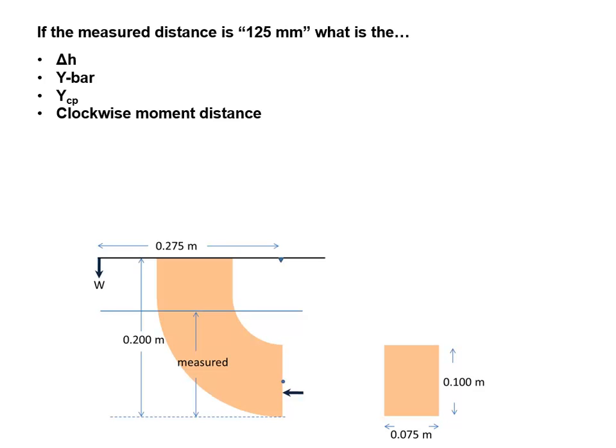The magnitude of the force we calculate by P bar A, which is delta H times gamma times the area. Delta H is 0.035 meters. Gamma is 9810 newtons per meter cubed. And the area is 0.075 meters times 0.07 meters.